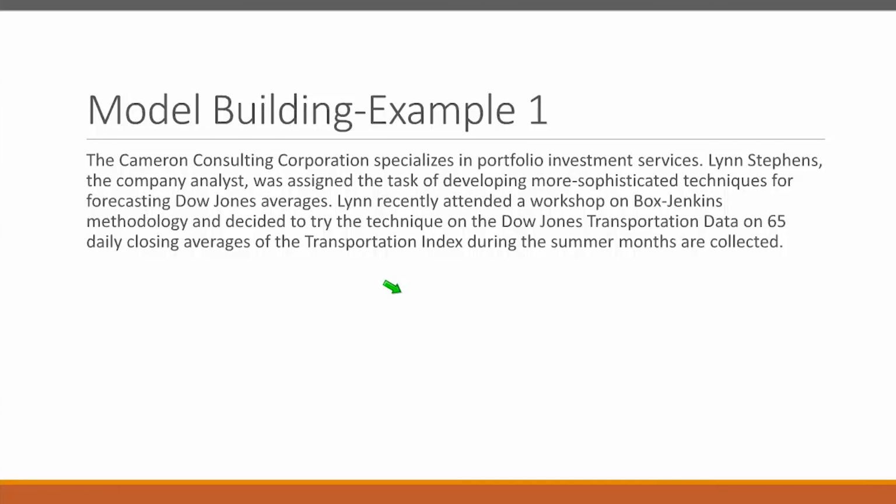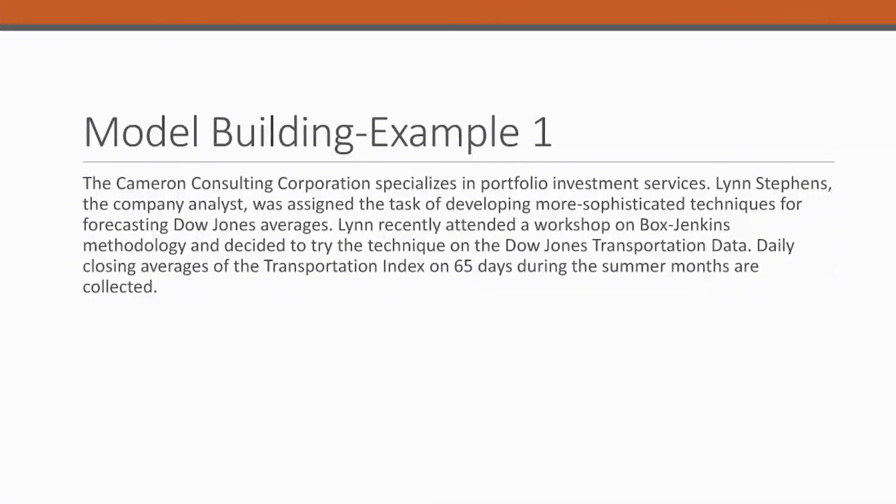Okay, so the example says the Camera Consulting Corporation specializes in portfolio investment services. Lead analyst Lin was assigned the task of developing more sophisticated techniques for forecasting the Dow Jones average. Lin recently attended a workshop on Box-Jenkins methodology and decided to try the technique on the Dow Jones transportation data.